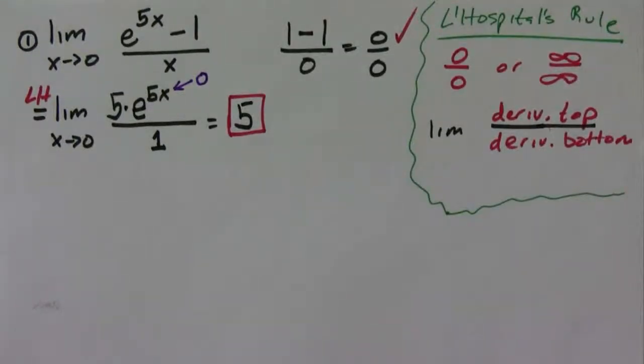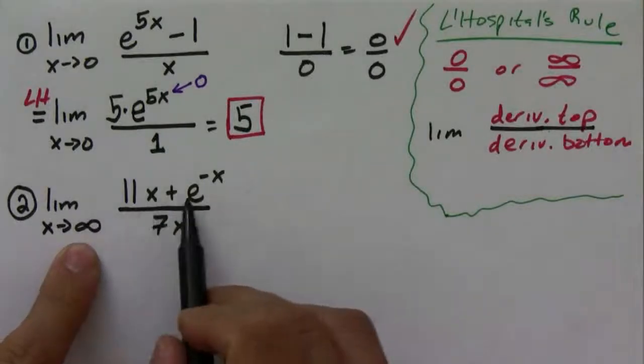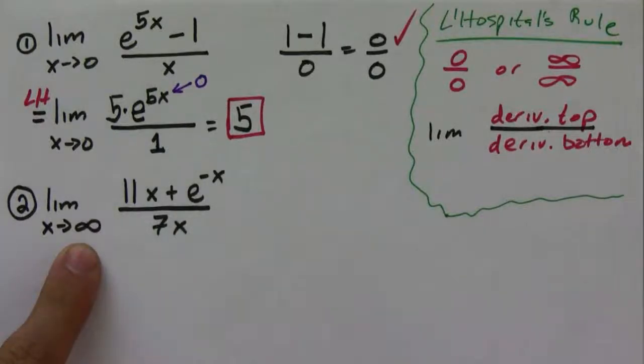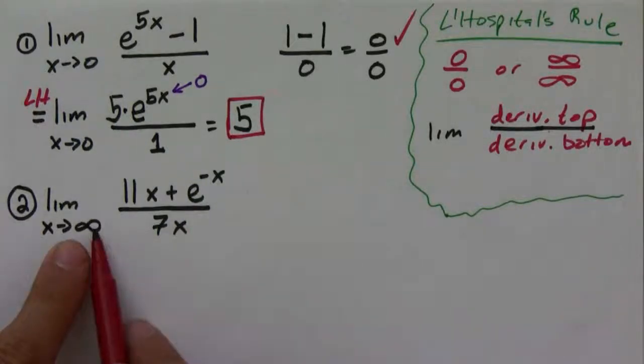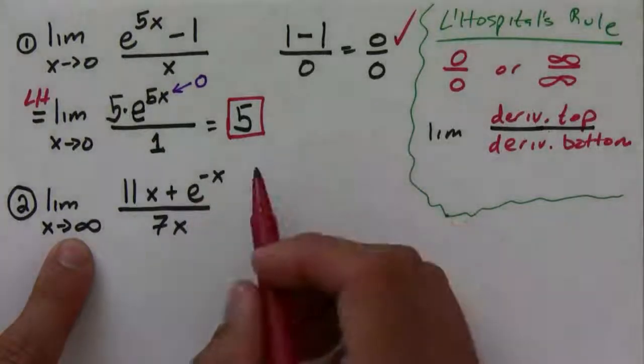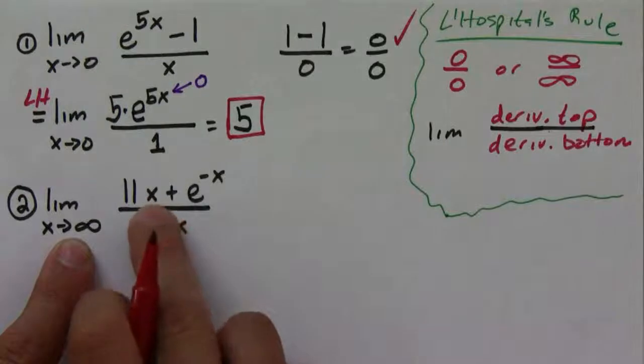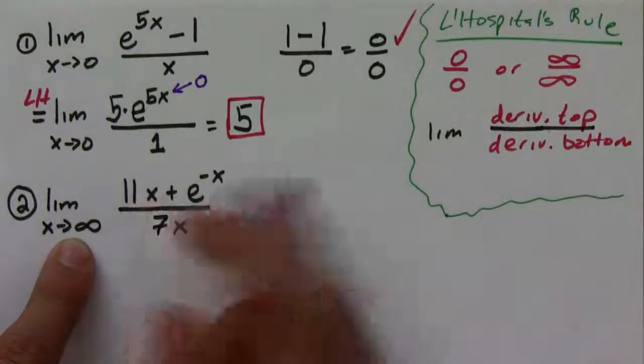Okay, so let's do another one. We have the limit as x goes to infinity of 11x plus e to the negative x over 7x. Okay, so remember the first thing we do is we plug in our value, and if we do that, notice that we get 11 times infinity.